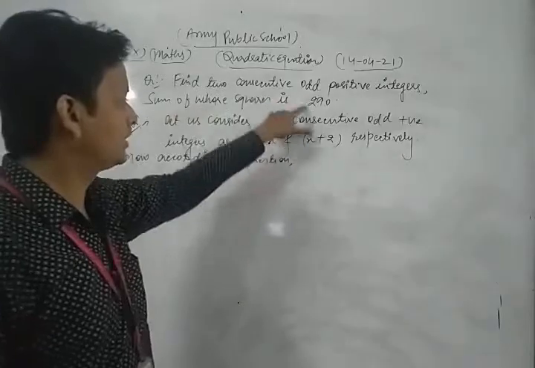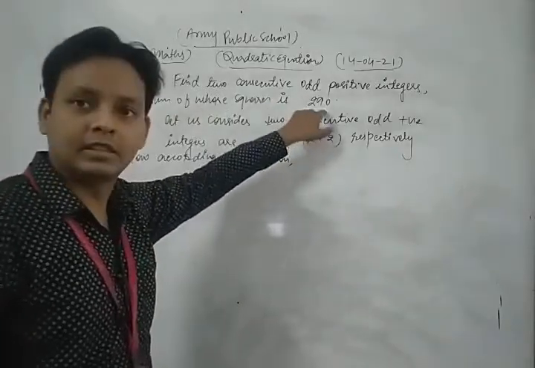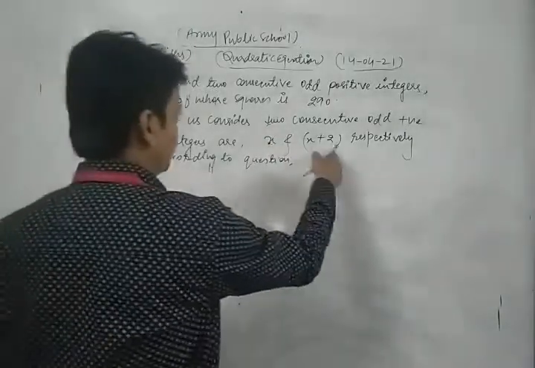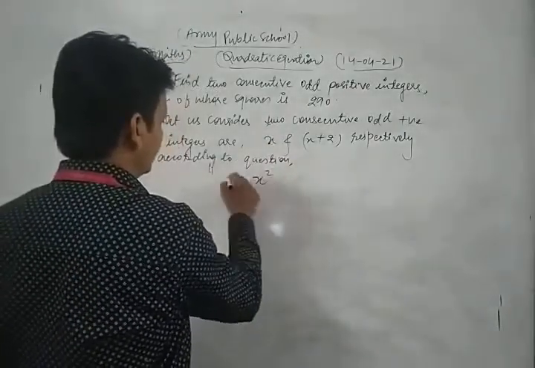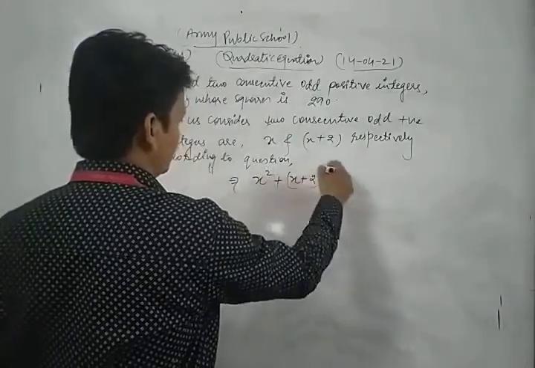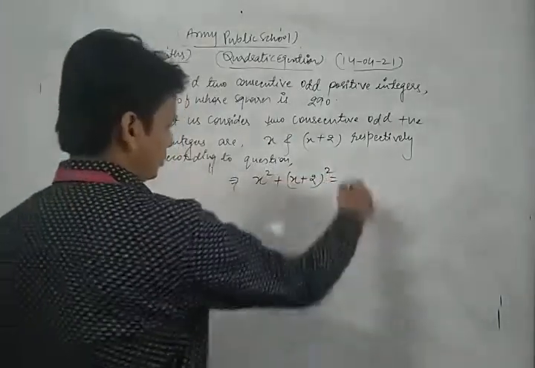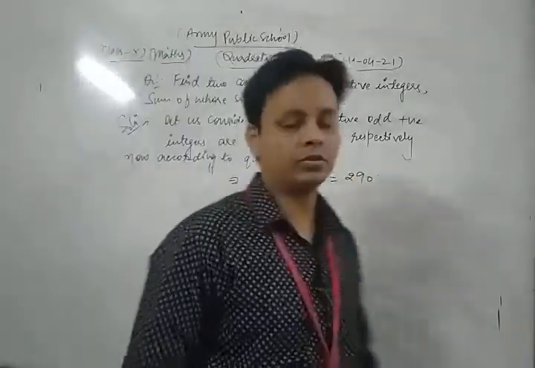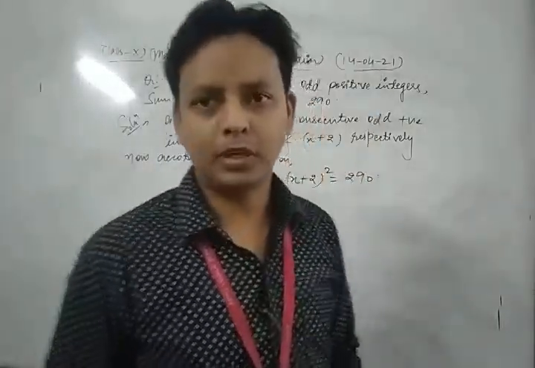Sum of whose squares means x square plus (x plus 2) whole square is equal to 290.